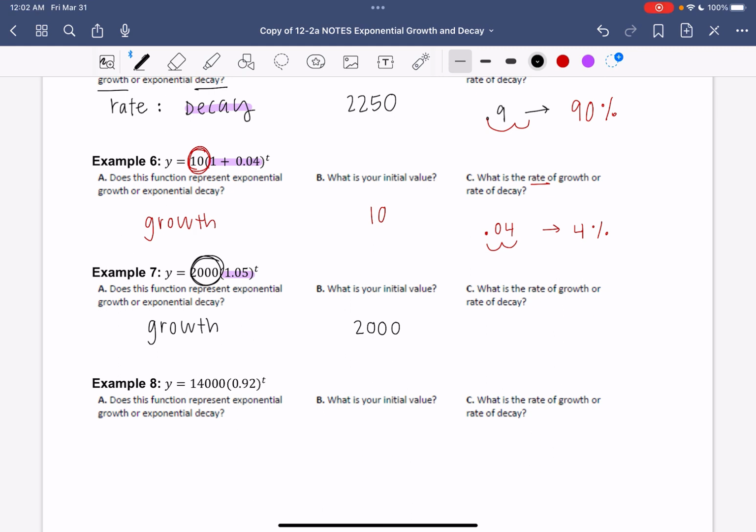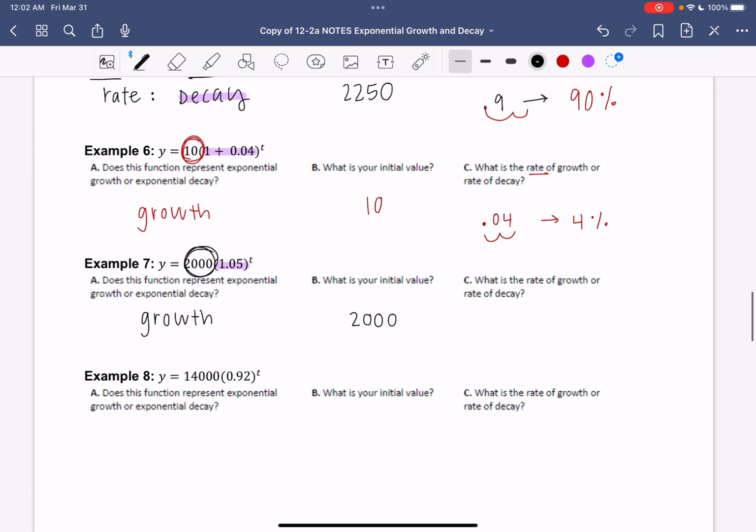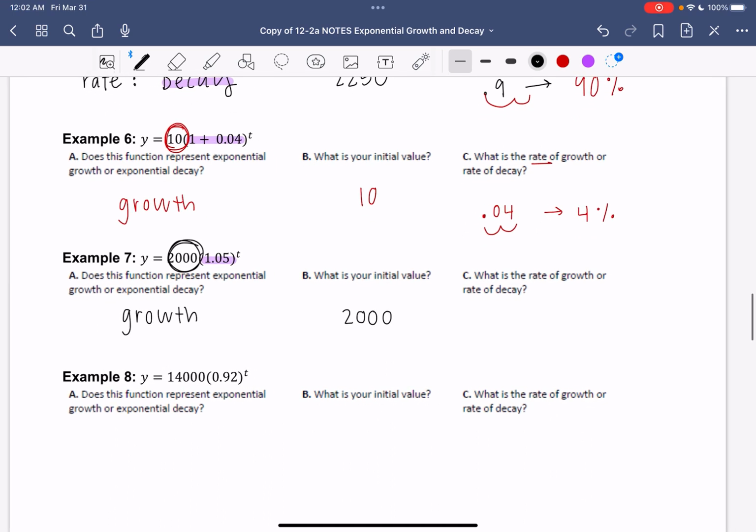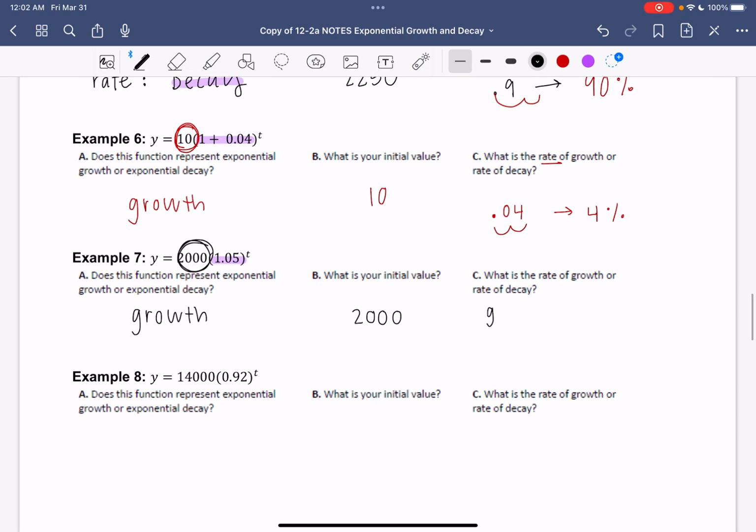Okay, so what is the rate of growth or decay? Because it's growing, I know that in the parentheses it should have been 1 plus our rate, and it ended up being 1.05.